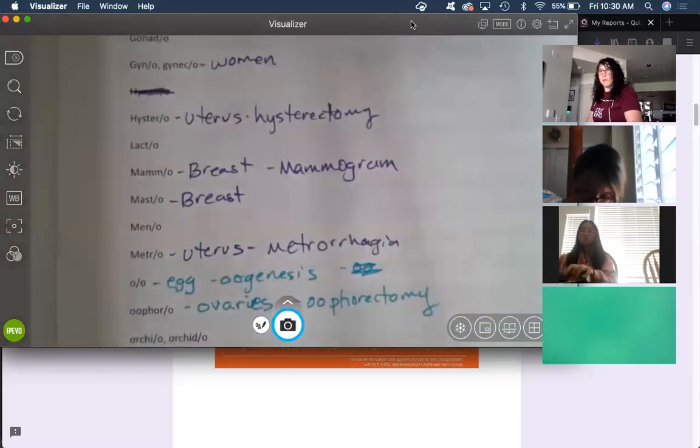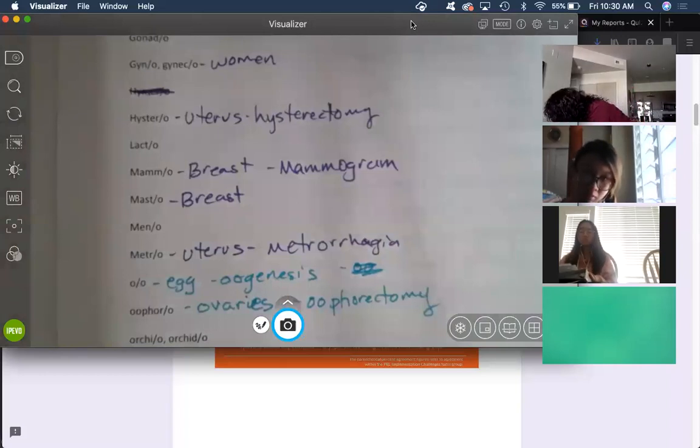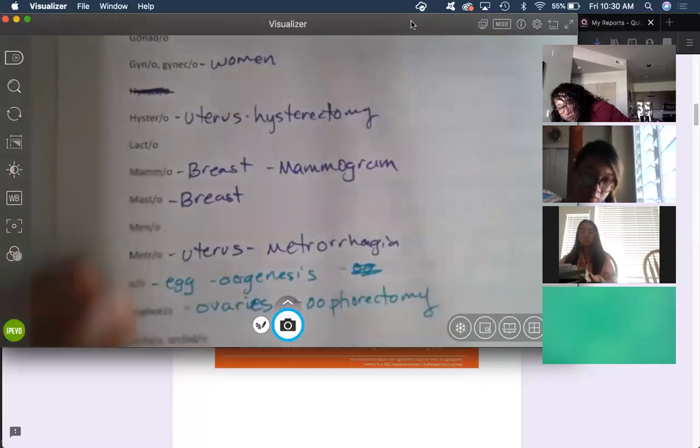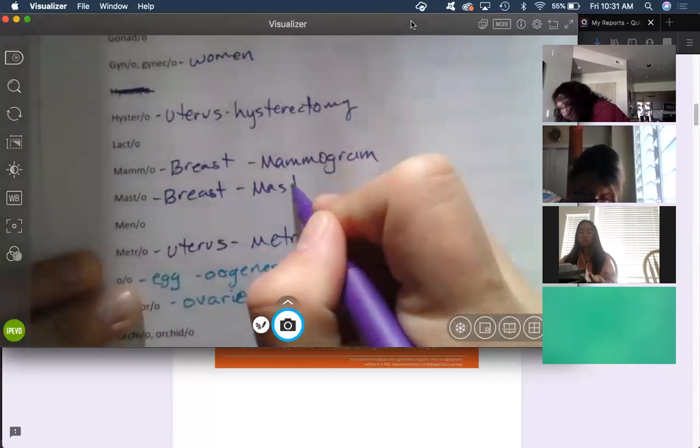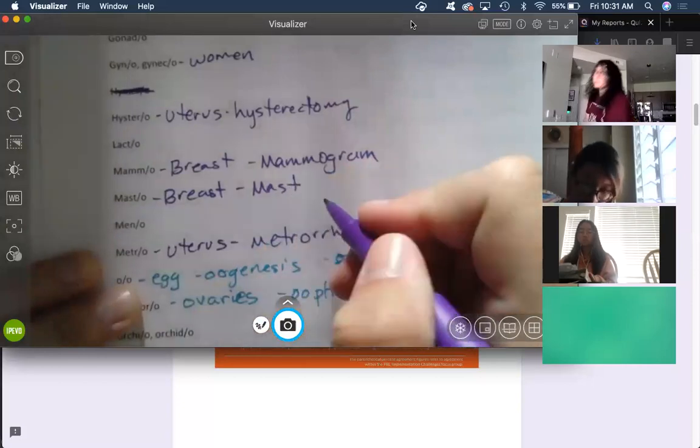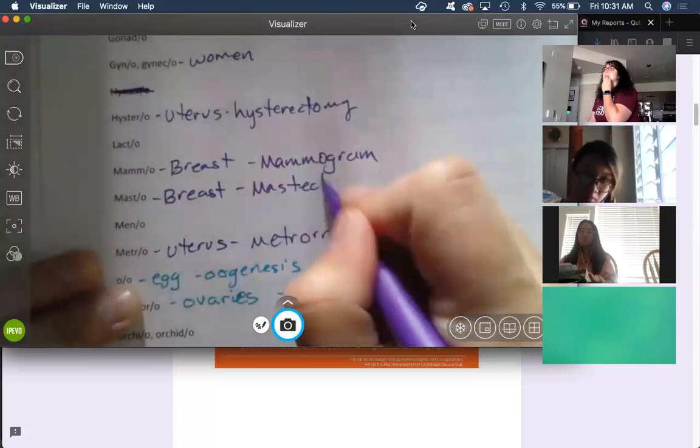Masto, if a woman has breast cancer, they will do a mastectomy. They can remove one or both of the breasts to prevent cancer from spreading.